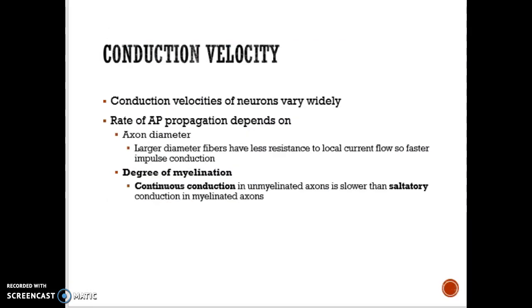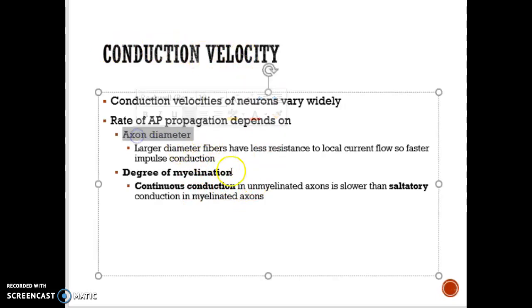So what causes action potentials to be sent better? Pretty simple. If we need to have action potentials being sent faster, we need to send them through a better insulated tube. So the conduction velocity is always going to be influenced by the degree of myelination. How much insulation do we have on the outside? Another thing that can change conduction velocity is the diameter of the axon.